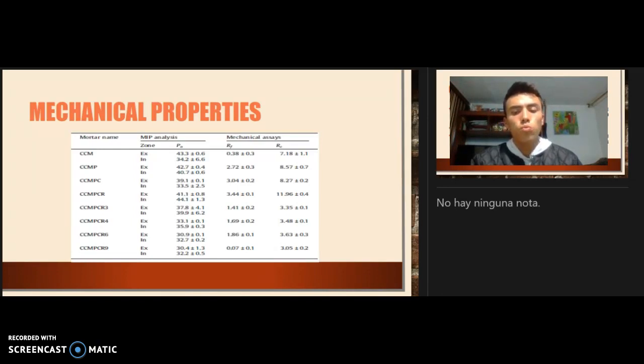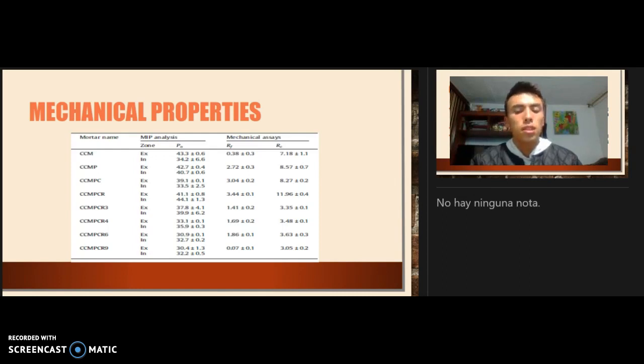Here is shown the resistance to bending and compression of the mortars. As we can see, the mortars that are mixed with perlite and other mixtures have much higher values than mortar that only has lime and aggregate.